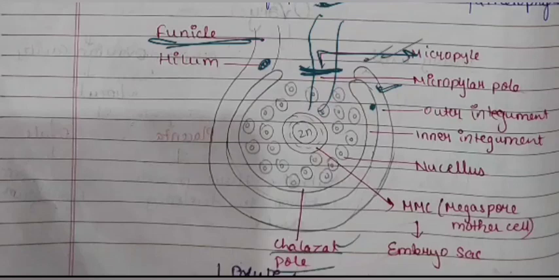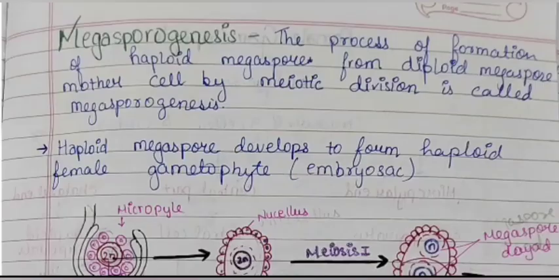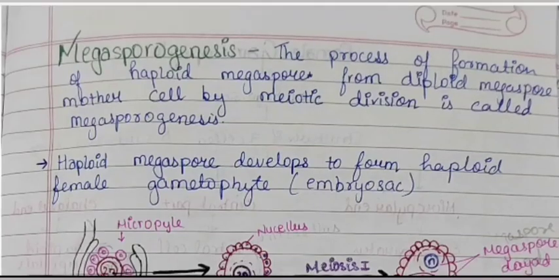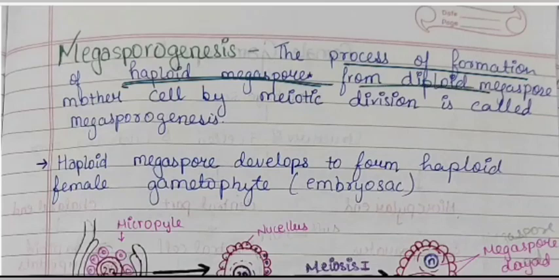Now this is the outer integument, the inner integument, and this is the nucellus, and this is the megaspore mother cell. Now we will talk about megasporogenesis, which is the process of formation of haploid megaspores from the diploid megaspore mother cell by meiotic division.